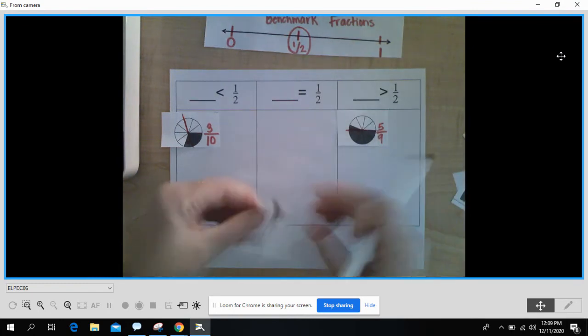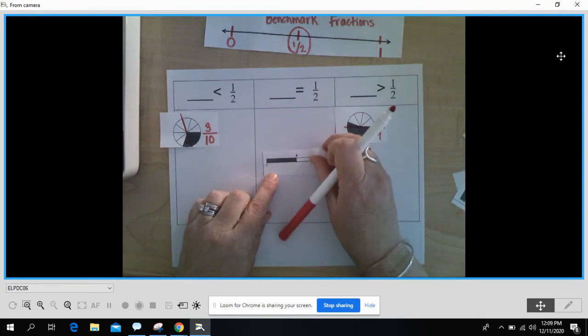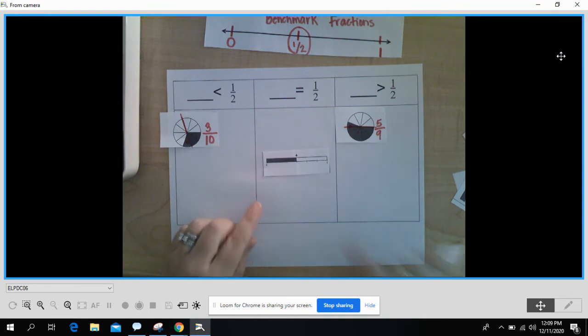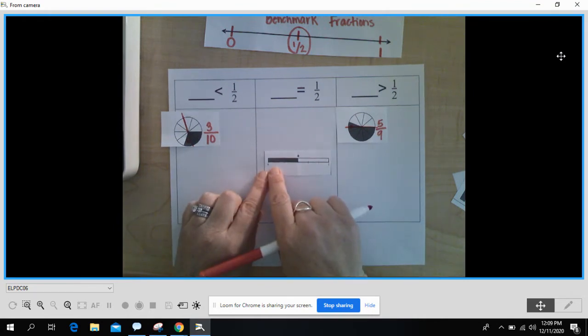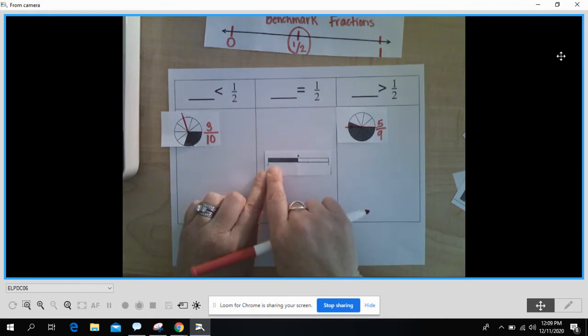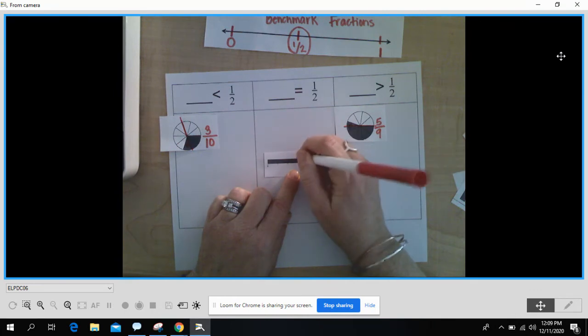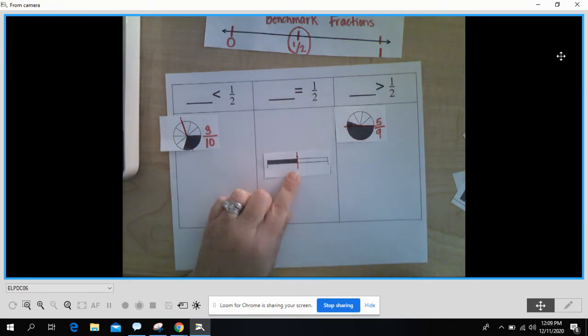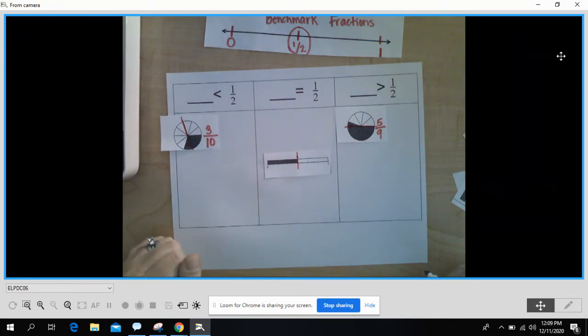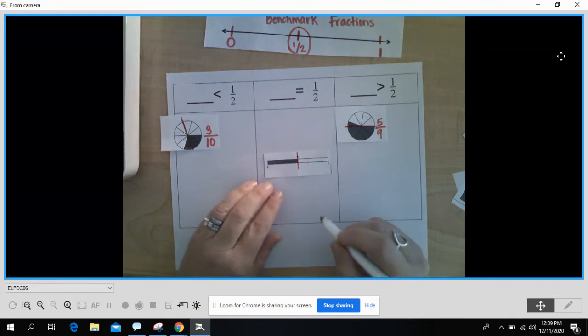What about this one? This is my number line model. I know it's teeny tiny, but I really like this picture. I can see a 0, one benchmark number, and there's a 1 right there. I can look and see that half of this is shaded. But let's look at the fraction too.